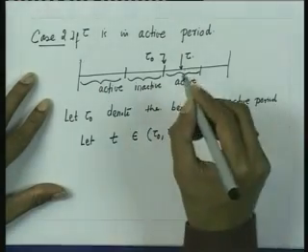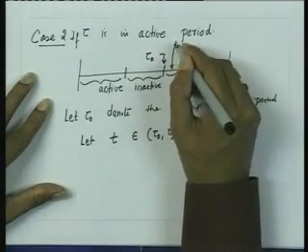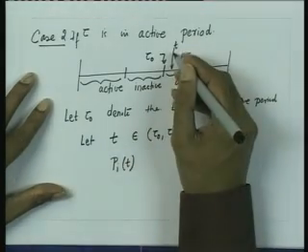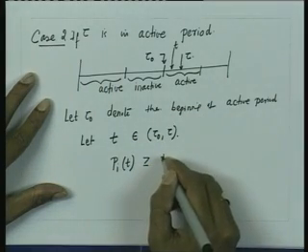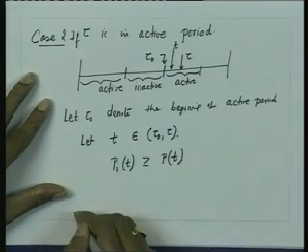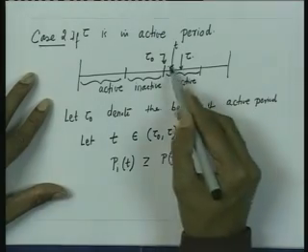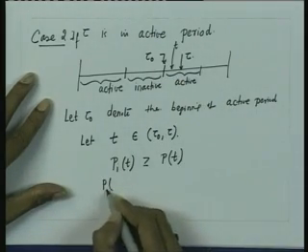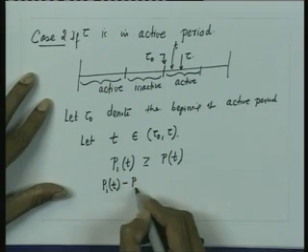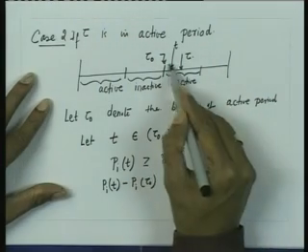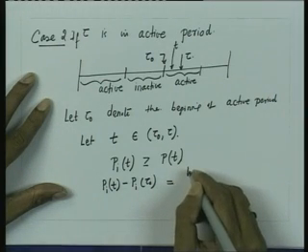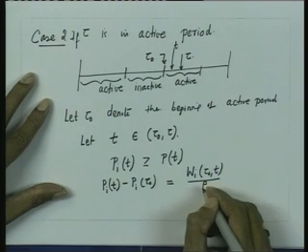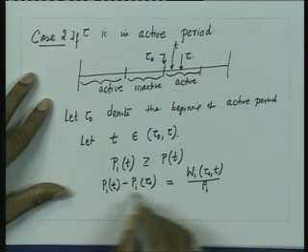Now let us say any t belonging to tau naught to t. Since t is in an active period, Pi(t), that is the session i's potential at time t, should be greater than or equal to the system potential. Since tau naught is the beginning of the active period, we should also have that Pi(t) minus Pi(tau naught) should always be equal to Wi(tau naught, t) upon rho i. This is by definition of the active period.